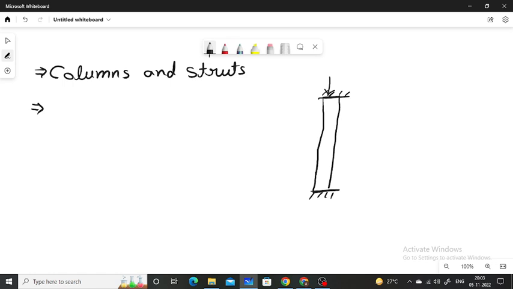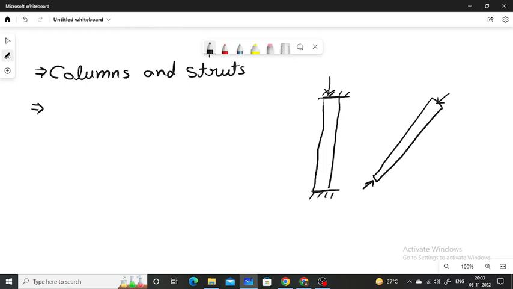Okay, struts are not necessarily vertical only. The connecting rod of the engine, having compressive loads, is an example of a strut.